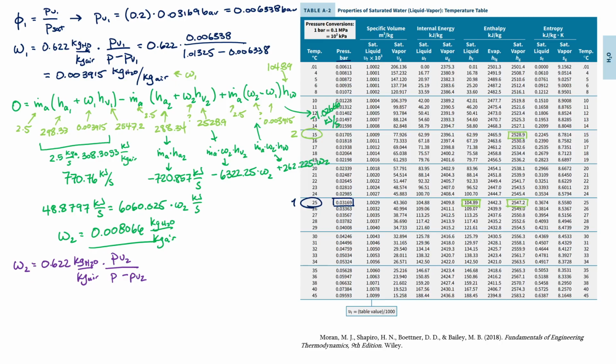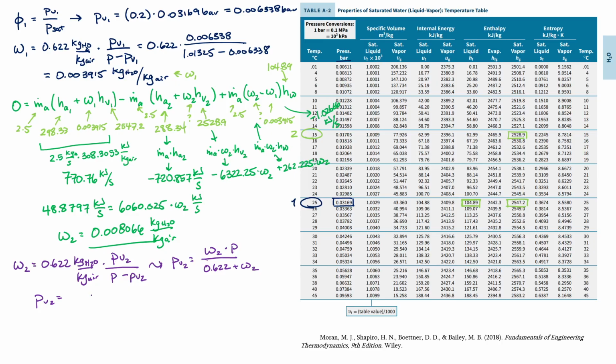This is going to turn into my partial vapor pressure at 2 is going to be a humidity ratio at 2 times my pressure divided by 0.622 plus omega 2.